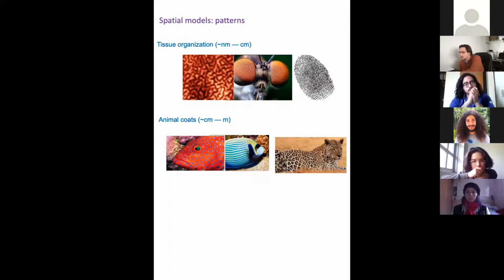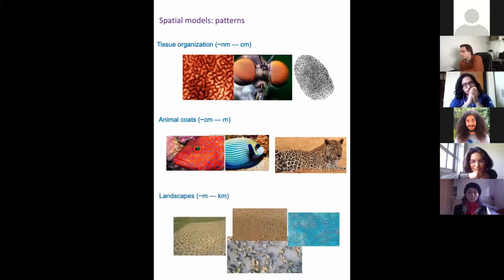But there is an example that maybe is less familiar to some of you because we cannot see it so frequently, and maybe also more fascinating because it covers huge spatial scales. In this bottom row, what we have are ecosystems that self-organize over scales of kilometers, and sometimes many kilometers. We don't have a spatial scale here, but we will touch on it later, probably tomorrow.